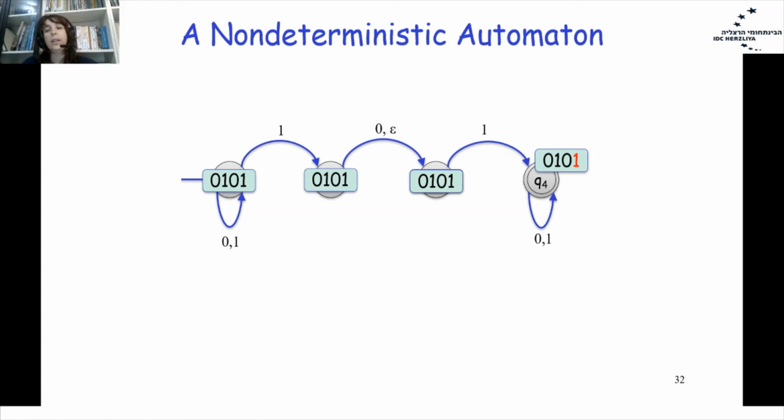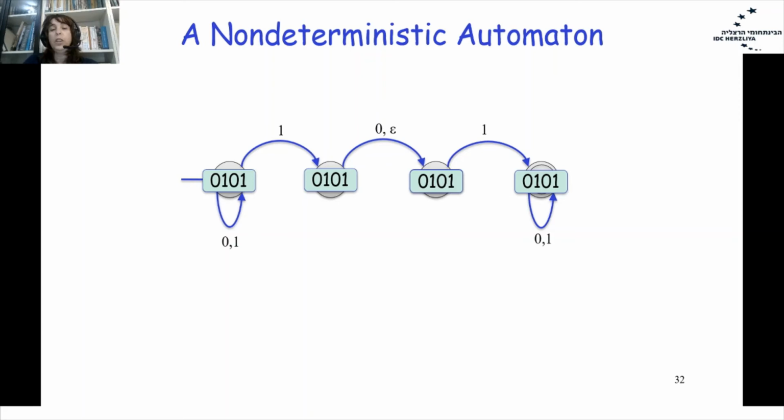So we have now 4 possible choices. We can finish reading our word in the state Q1, in the state Q2, in the state Q3, and also Q4, which is an accepting state.